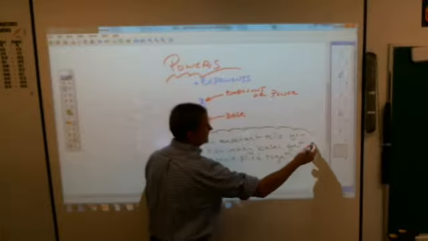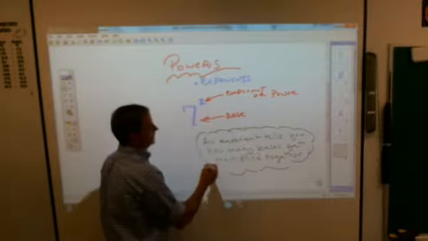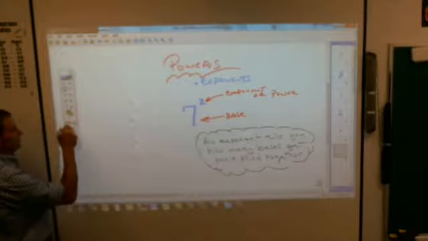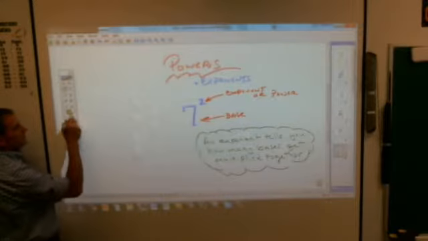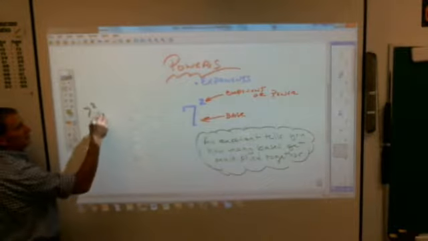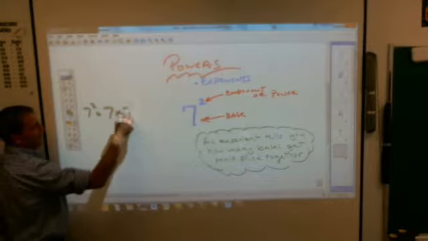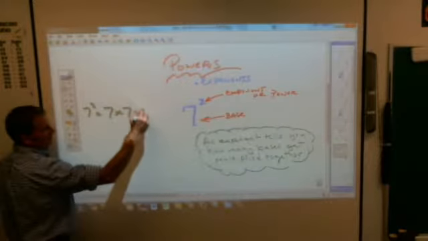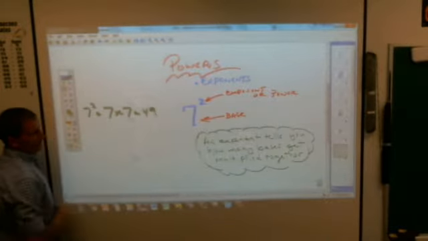It's not 7 times 2. 7 squared means that you have 2 7s multiplied together, which is 49.